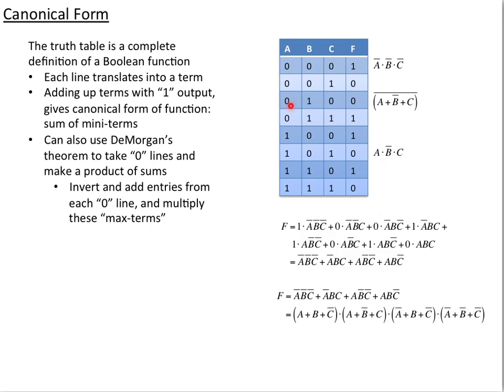Every line we can represent, rather than saying not A and B and not C, we can say A or not B or C and take the NOT of the whole thing, and so that's written here, and then take the product of the rows with 0 in that form, which is shown here. So every one of these rows can either go into the sum of minterms or the product of maxterms to form the canonical form of a truth table. But you can only do one or the other, not both.